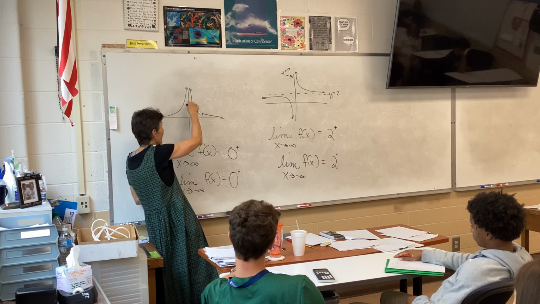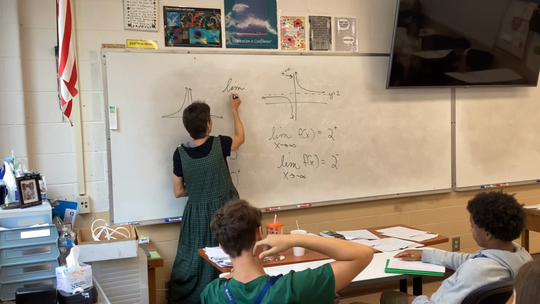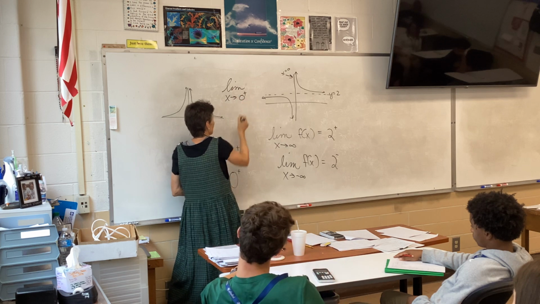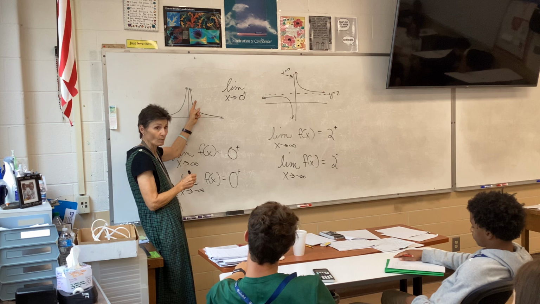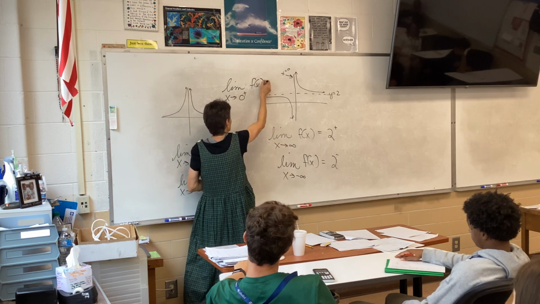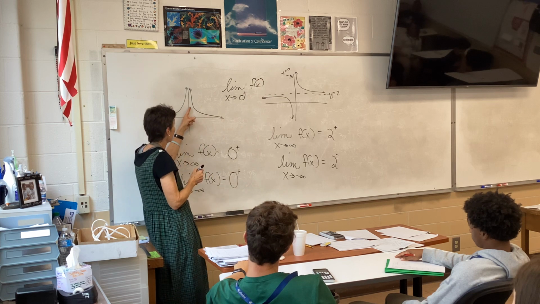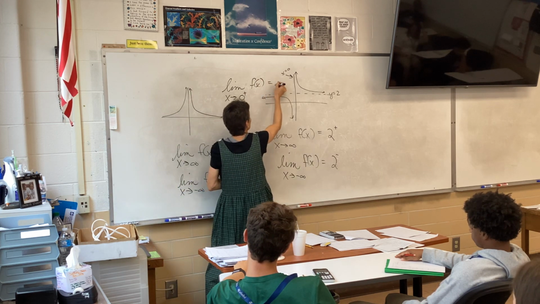If I wanted to talk about this right here, I would say the limit as x approaches 0 from the right, because now I'm talking about what happens as I approach 0. Well, what happens to my y as x approaches 0 from the right? My y's are going, I'm trying to say infinity.